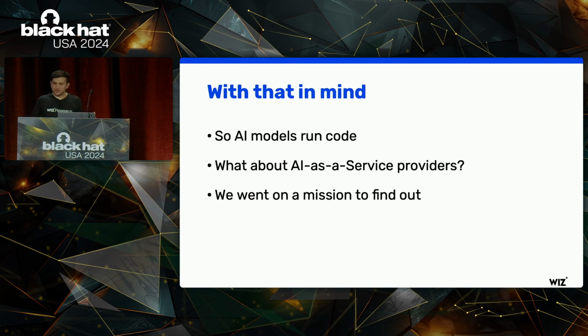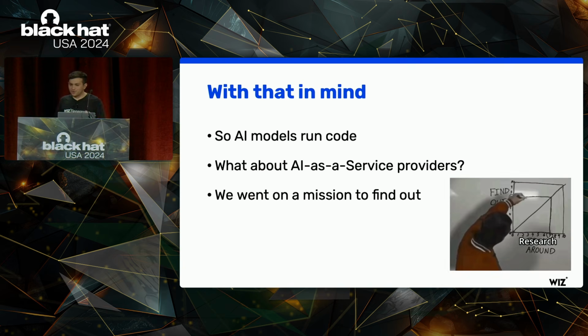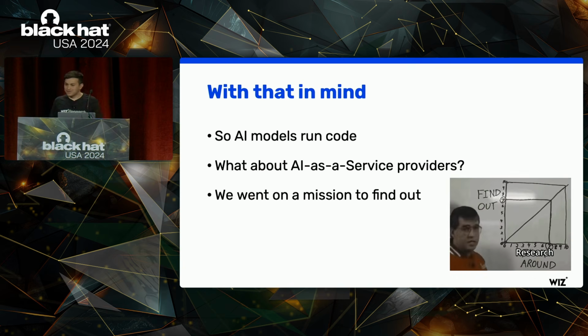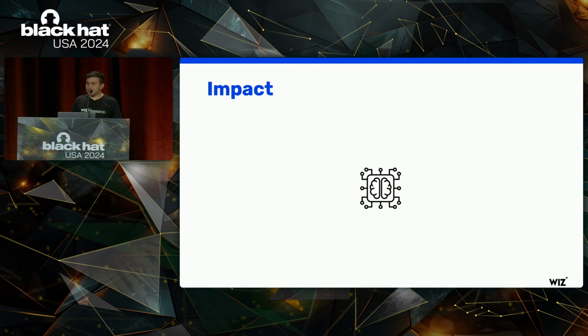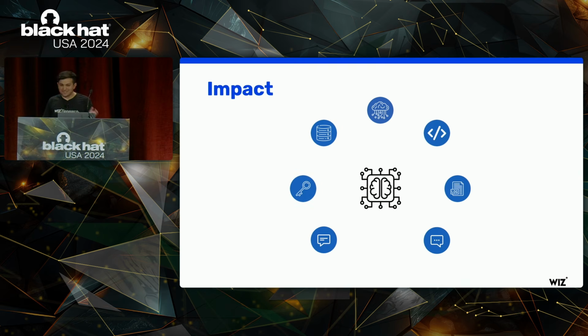So we went on a little mission in order to find this out. And the way we like to find things out is by researching around. So we researched around on some popular AI providers, and the stuff we found was actually quite shocking. We were able to get access to literally millions of private AI models, datasets, source code, secrets, logs, prompts, predictions, and the ability to interfere with all this data.